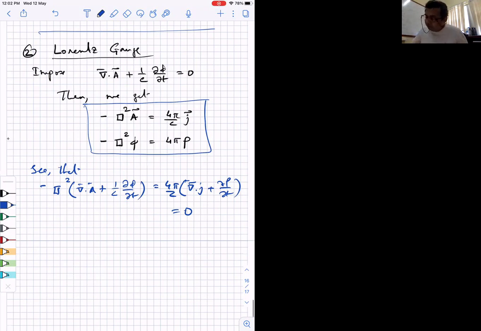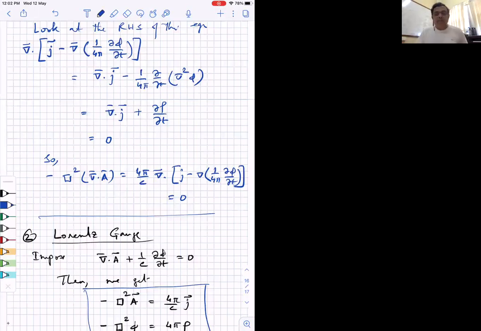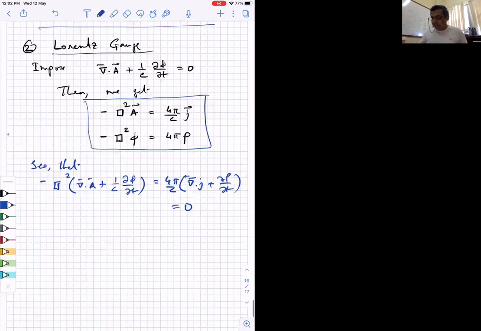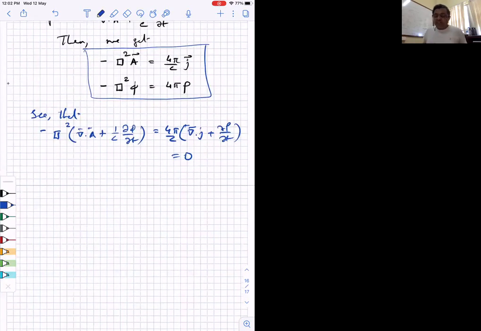Now, depending on what kind of problems we are going to do in EM theory, we either use this gauge or the other gauge. For radiation, it's always easier to use your Lorentz gauge. One thing that I must emphasize is that the final answer should not depend on the gauge. At the end of it, you have some physical quantities, E and B, that should not depend on the gauge.